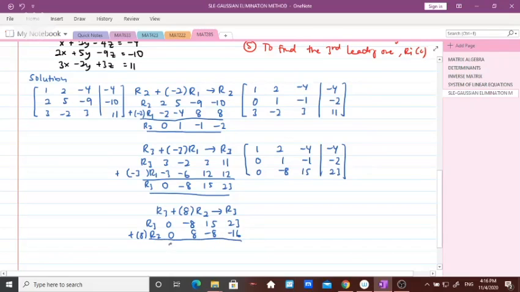Okay, then we sum up. So 15 minus 8 is 7. 23 minus 16 is 7. This is R3.